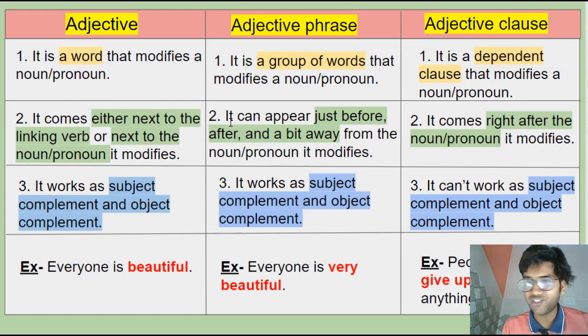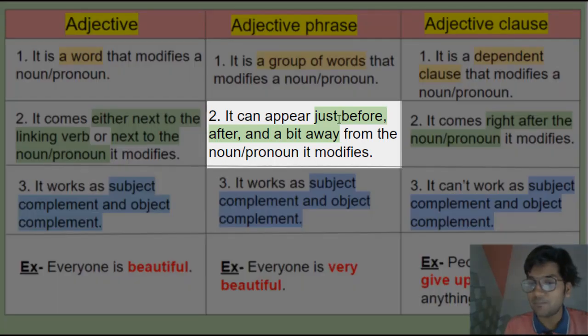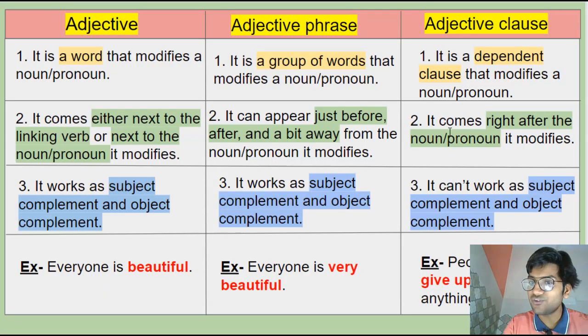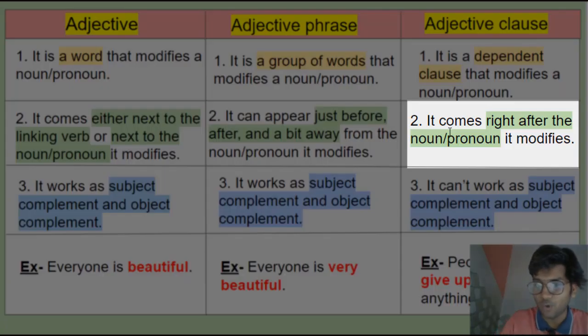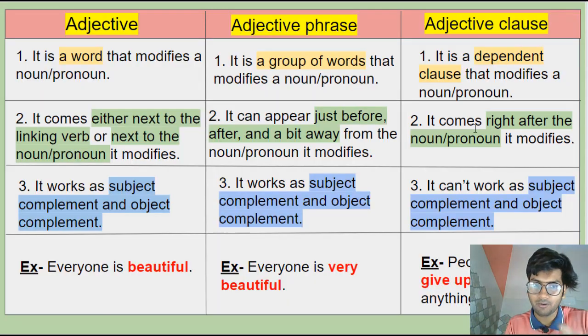When we talk about an adjective phrase, it can come just before the noun or pronoun it modifies, just after the noun or pronoun it modifies, and a little bit far away from the noun or pronoun it modifies, right? It can take all three places, okay? Adjective clauses. An adjective clause comes right next to the noun or pronoun it modifies, okay?